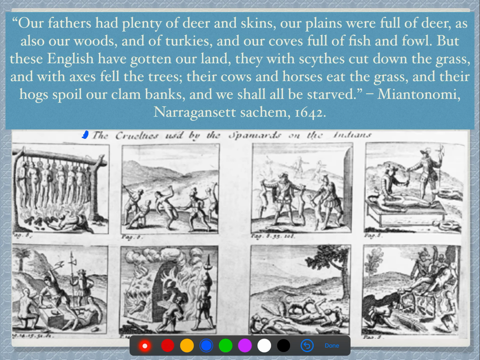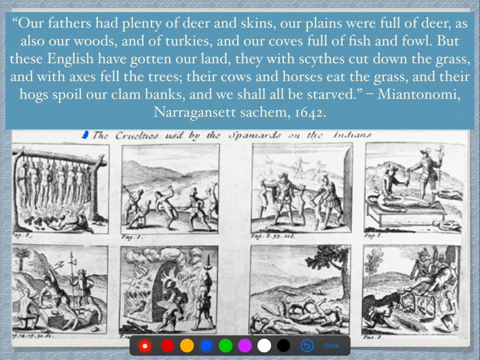He said, "Our fathers had plenty of deer and skins. Our plains were full of deer, as also our woods, and of turkeys, and our coves full of fish and fowl. But these English have gotten our land. They with scythes cut down the grass, and with axes fell the trees. Their cows and horses eat the grass, and their hogs spoil our clam banks, and we shall be starved."